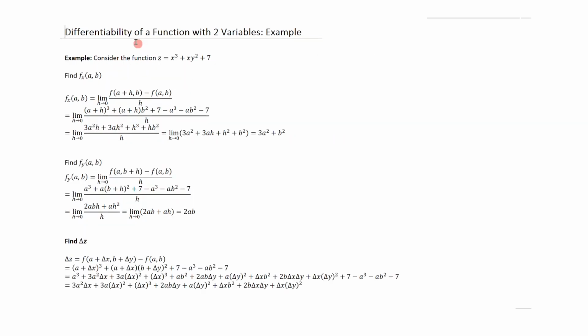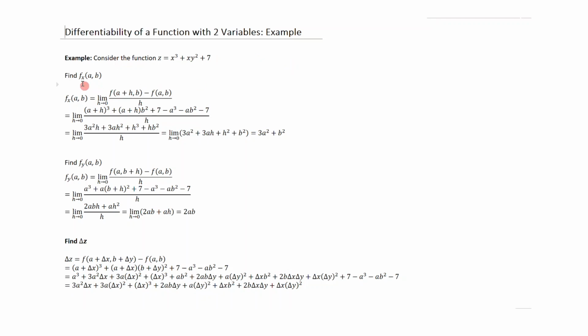All right, so let's consider now as sort of an example that is proving differentiability of a function with two variables. We'll keep it rather simple, otherwise it gets too complicated in terms of the manipulation of algebraic quantities. So we'll start with this function here, z equals x cubed plus xy squared plus 7, and we're going to prove that it's differentiable.